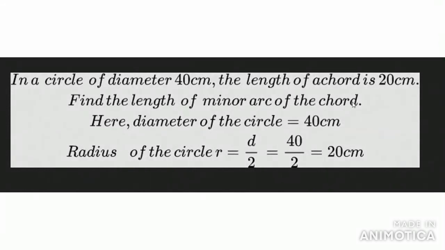And in this problem you have to use the basic geometrical concepts to solve the question. Now the diameter of the circle is 40 centimeter. Therefore you can find the radius of the circle. Radius r is equal to diameter divided by 2. What is diameter? 40. 40 divided by 2 is equal to 20 centimeter. Radius of the circle is 20 centimeter.